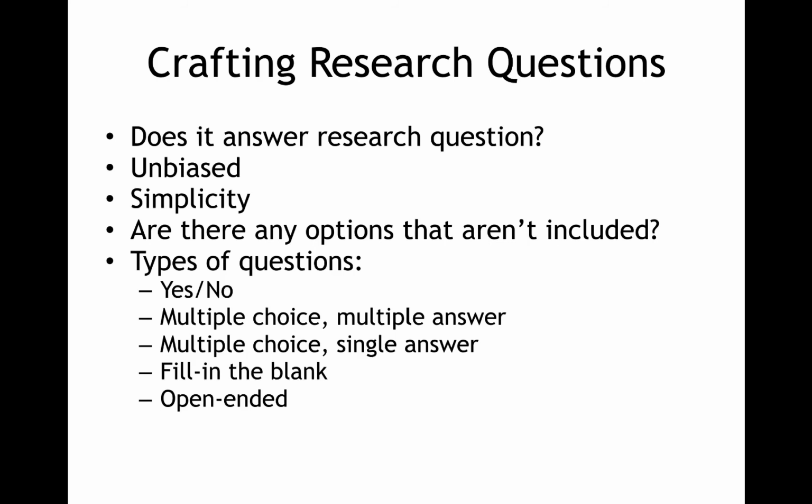But you have to be careful in creating those options that, again, you're not embedding bias into the response. In terms of the type of questions you can ask, yes/no questions. You can ask a multiple choice question and provide for multiple answers. Please check all of the above. You can do multiple choice and provide for a single answer, fill in the blank questions, and you can just give people an open-ended space and allow them to provide you any information that they would like to include.